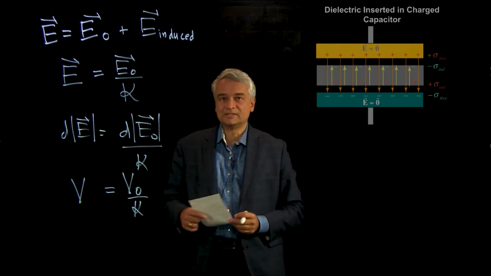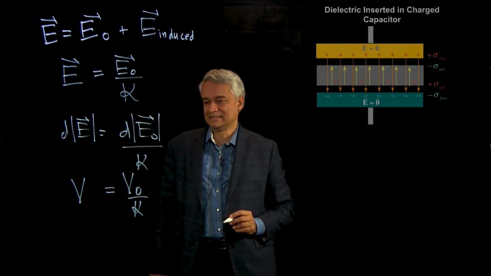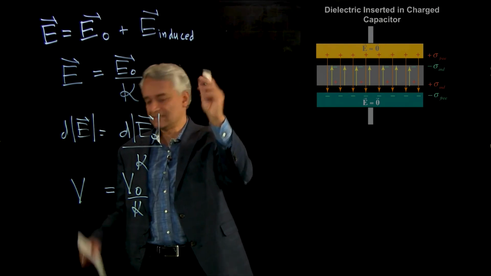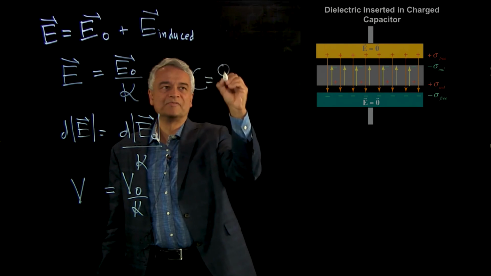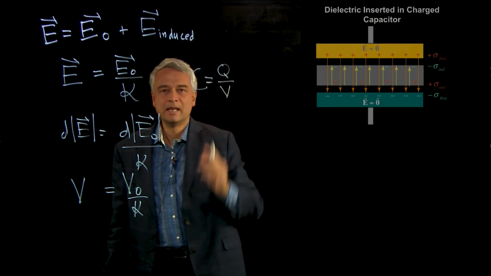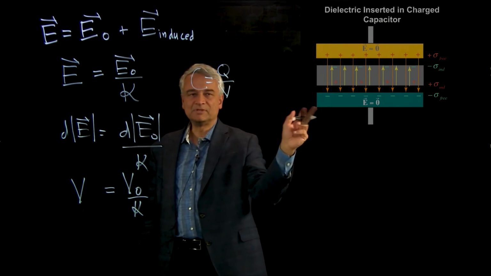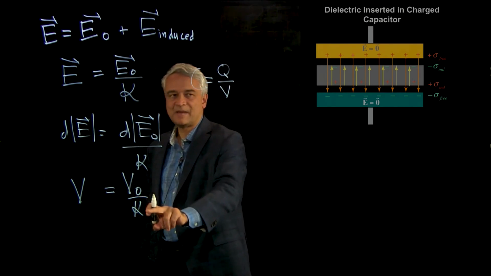And this leads us directly to the fourth way. Fourth way is to think about the capacitance. So what does kappa do to the capacitance? Well, let's remember what the capacitance is. The capacitance of a capacitor C is Q over V. And we're keeping the charge fixed. And when we keep the charge fixed, what happens to the voltage? The voltage goes down by a factor of kappa.